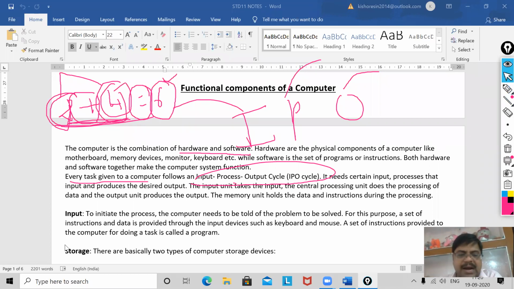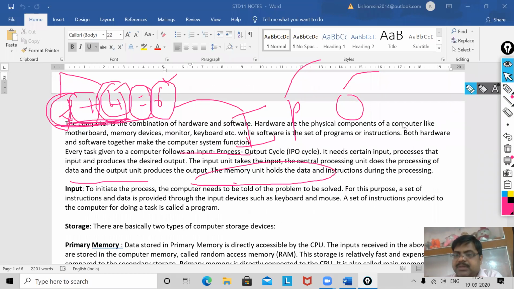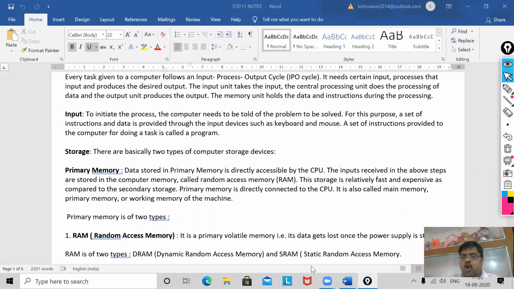Now the next part, that is storage. Already I said a storage device is used to store the data. Now primary memory. If I am talking about the primary memory, then two types will come. First one is your RAM, and the other one is ROM.